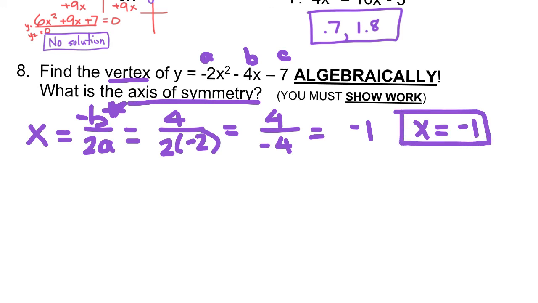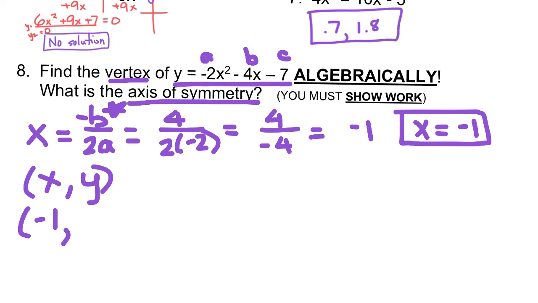However, it asked for the vertex. The vertex is an xy value. Well, the vertex has the same x value as our axis of symmetry. All we have to do is go back to our equation here and substitute our x value into the equation.